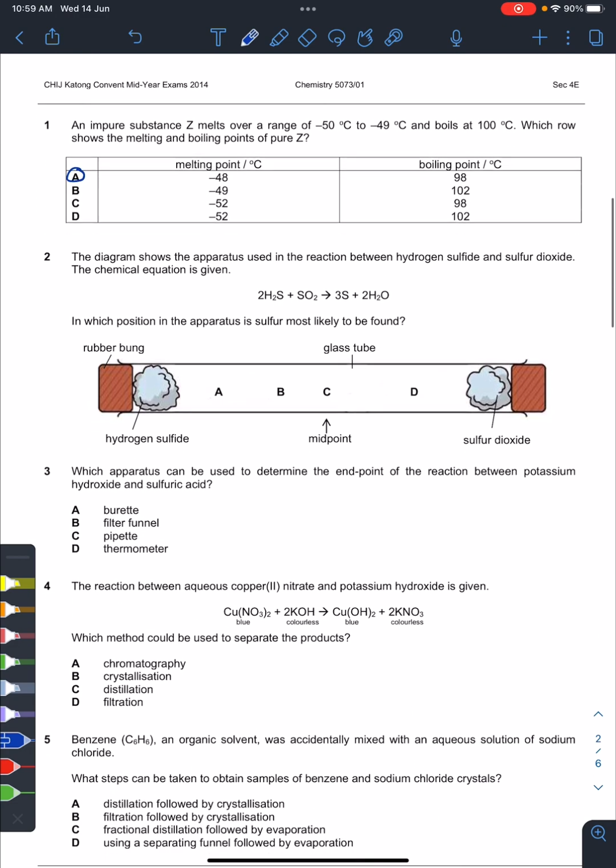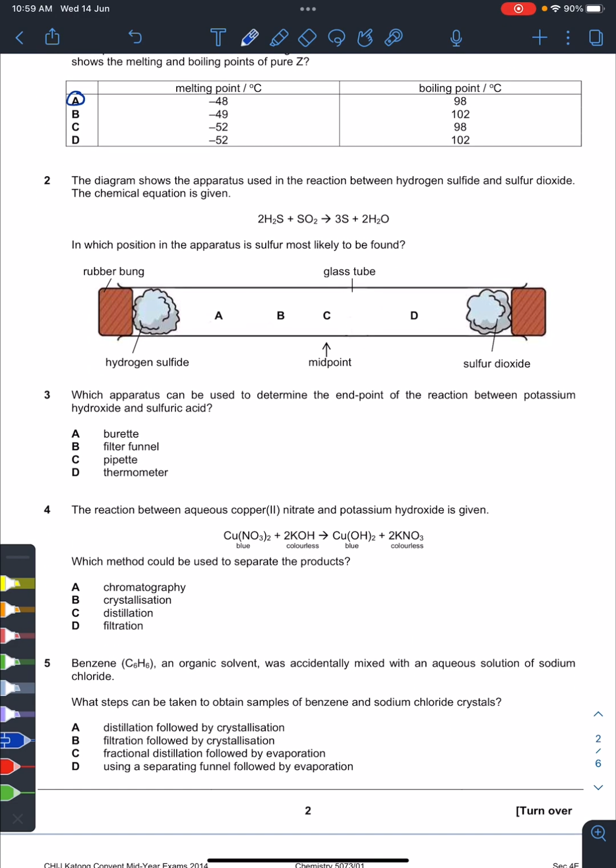Okay, question 2. Question 2 is about diffusion. Diffusion is affected by your molecular mass. So the Mr of H2S is 2 bracket 1 plus 32 equal to 34.